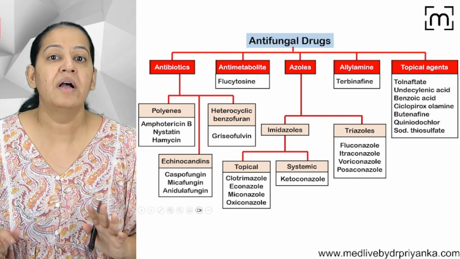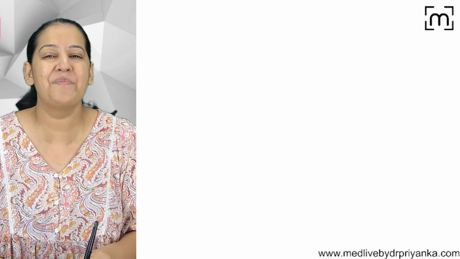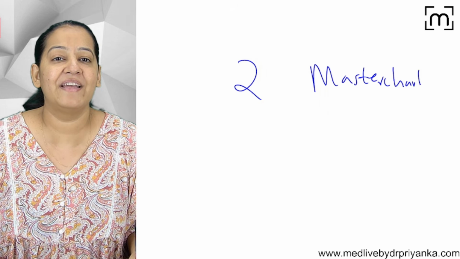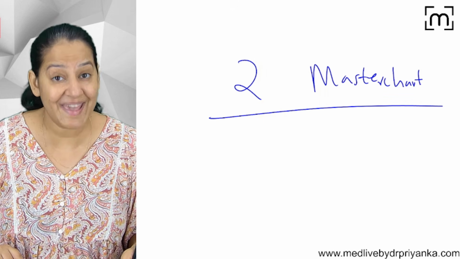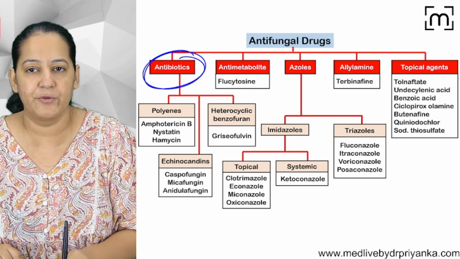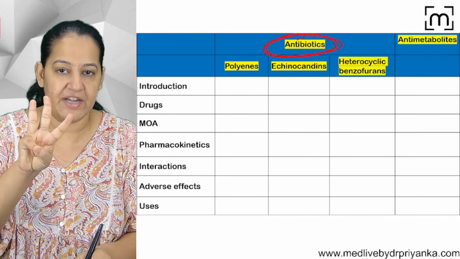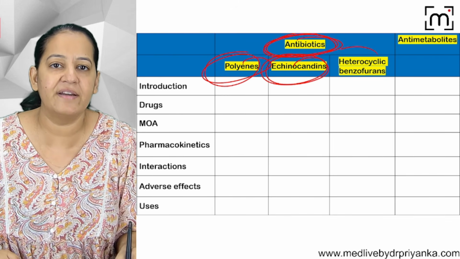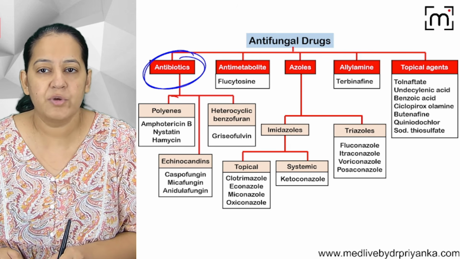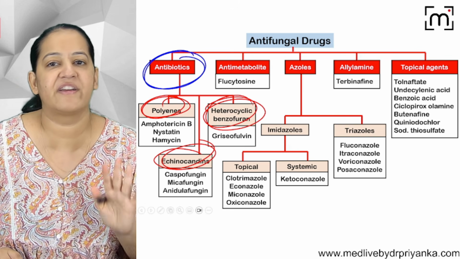Now let's start. I will teach you all antifungal drugs in two master charts, just two pages. We will start with antibiotics: polyenes, echinocandins, and heterocyclic benzofuran, under a fixed set of headings.